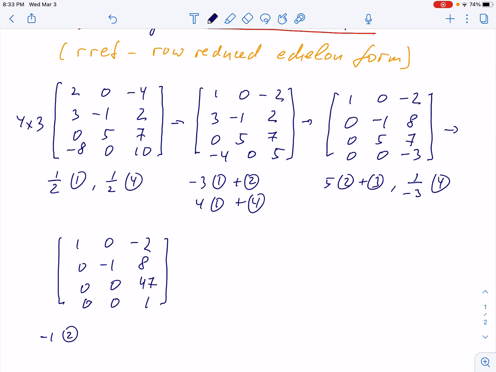And then the third I shall divide by 47. Just make 1 here, there'll be good pivot. We don't need this 47. And here is the next configuration. 1, 0, negative 2, 0, 1, negative 8, 0, 0, 1, and again 0, 0, 1.